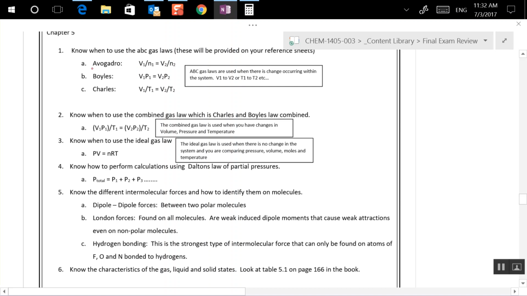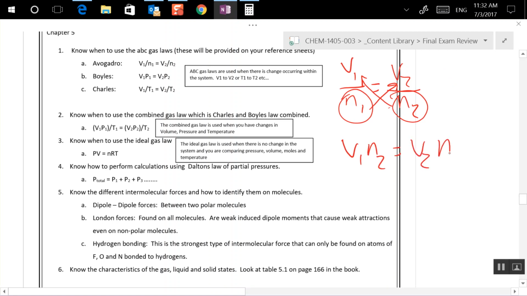If it's Avogadro's law, V1 over N1 equals V2 over N2, my recommendation is always get everything off the bottom. So you can easily isolate the thing you want, okay? So N2 goes up here, N1 goes up here. So I get V1 N2 is equal to V2 N1.